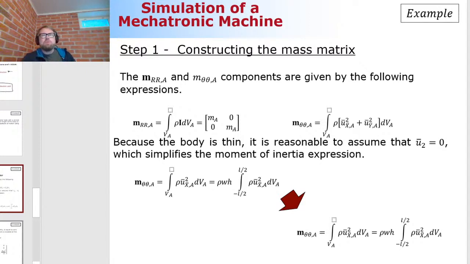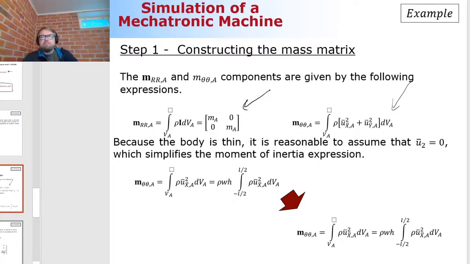The mass matrix consists of three components. The first one, located in the upper left corner, is a diagonal 2 by 2 submatrix that includes the mass of the body in the diagonal terms. Then in the lower right corner is the mass moment of inertia.